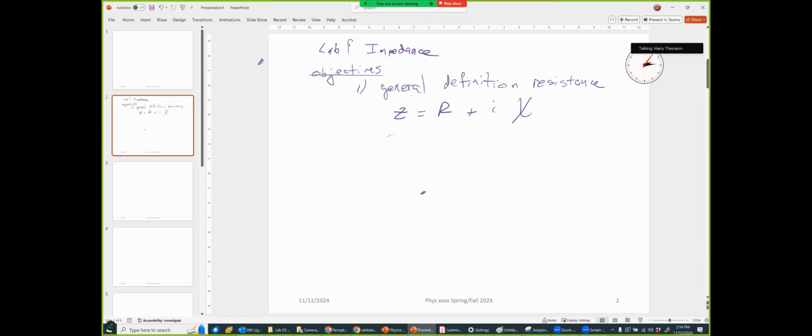And we're going to use a voltage divider to measure the Z's of different components.